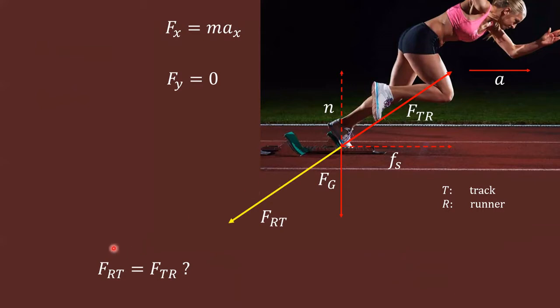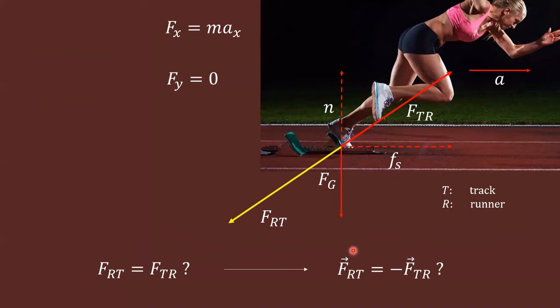So remember, if I write something like this without the vector symbol, I'm talking about the length or magnitude of the vector. So according to this picture here, the magnitude of the runner's force on the track should be the same as the magnitude of the track's force on the runner. Is that true? Well, if it's true, we could also make this stronger vector statement. Not only are the magnitudes equal, but the vectors are equal with a minus sign.